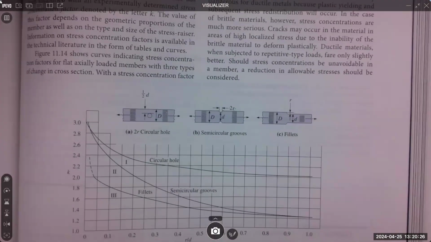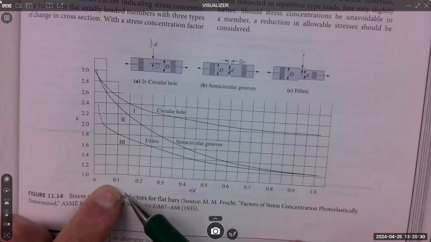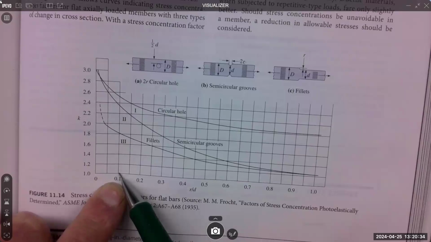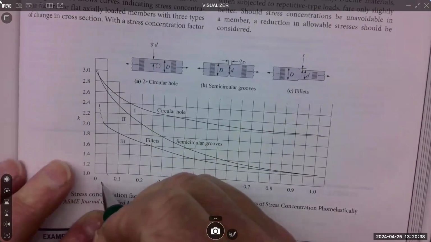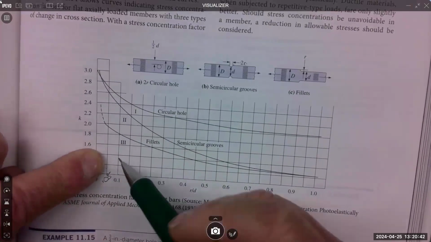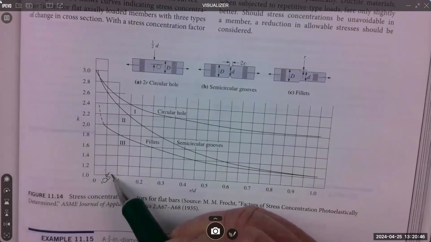Semicircular grooves, all right? And again, we're reading a graph. 0.076, this is 0.1. Agreed? So this is 0.05 at that line. So halfway between is going to be like 0.07, about as good as you can get.